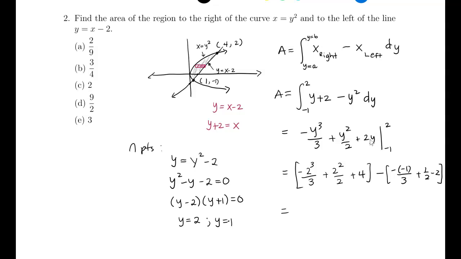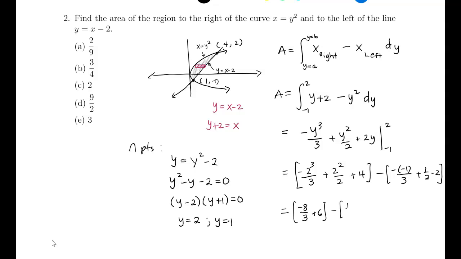And then you simplify that. All right, so 4 squared over 2 is 2. Plus 4 is 6. And this part here is also equal to, so 2 cubed is 8. So that's negative 8 over 3 plus 6.